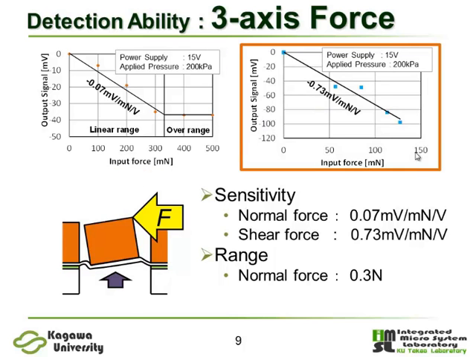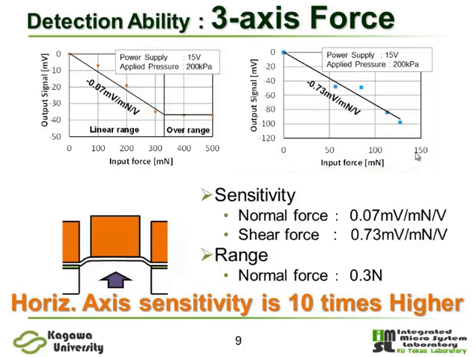As we can see, horizontal axis force sensitivity is around 10 times higher than the vertical axis force sensitivity. Therefore, small friction coefficient around 0.3 to 0.1 will be detected with this new device.